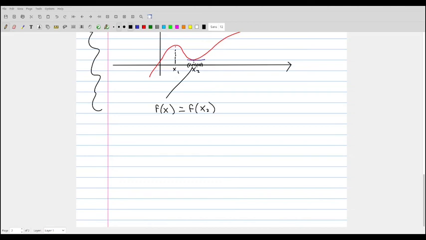So if you take x2 and you take some other x that's very, very close to x2, the Taylor series approximation of the function is going to say that the function at x is equal to f of x2 plus the first derivative at x2 times x minus x2.